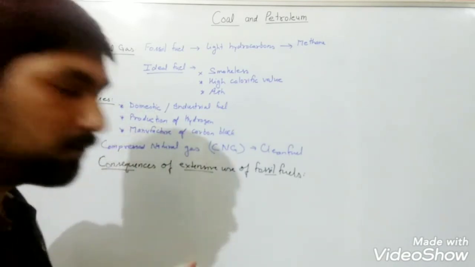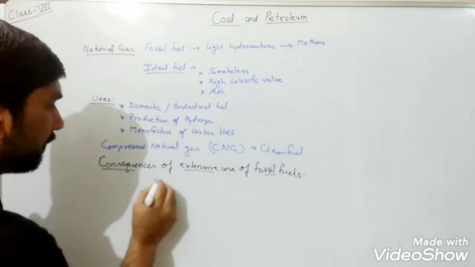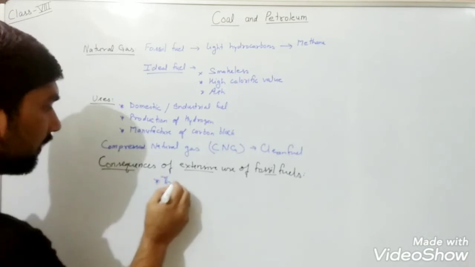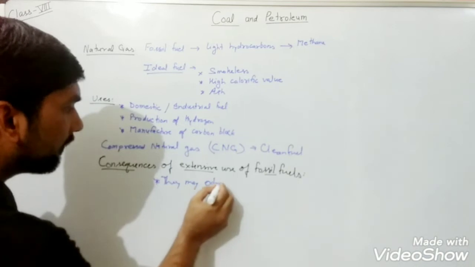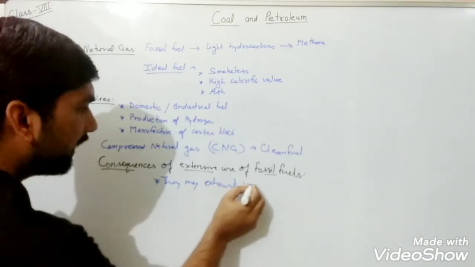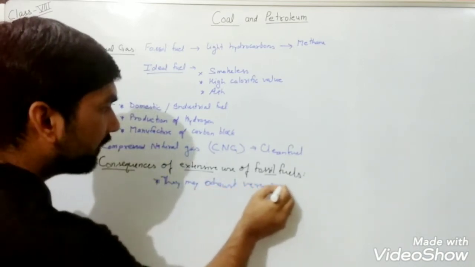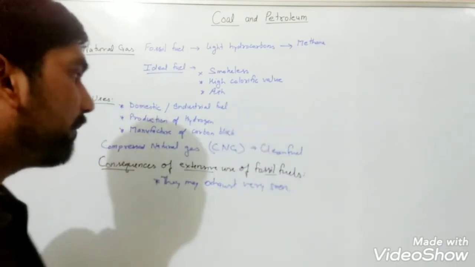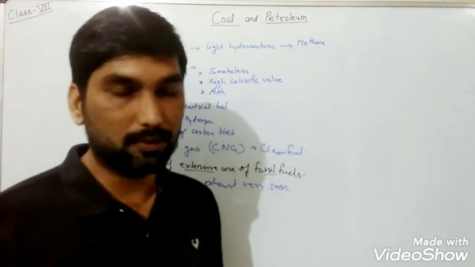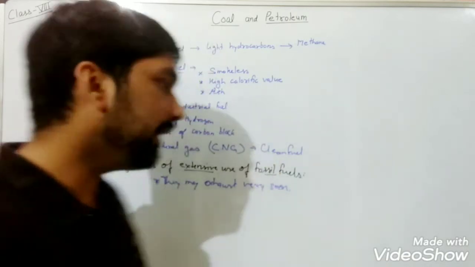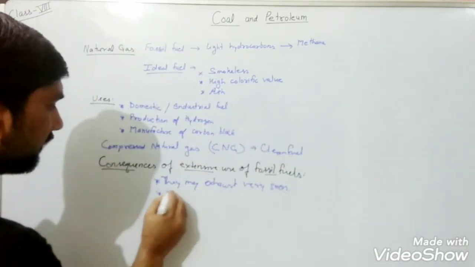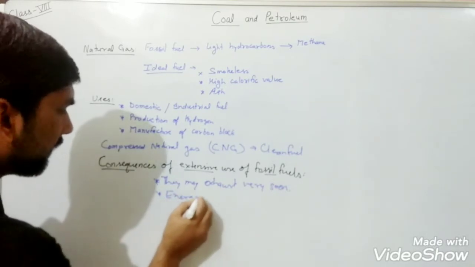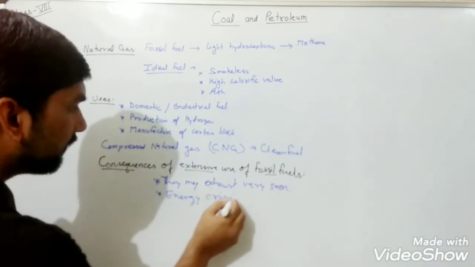They may exhaust very soon, because their deposits are limited, they are not present in abundant amount, so they are going to finish one day, and this will create an energy crisis.